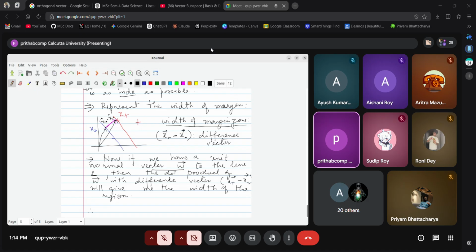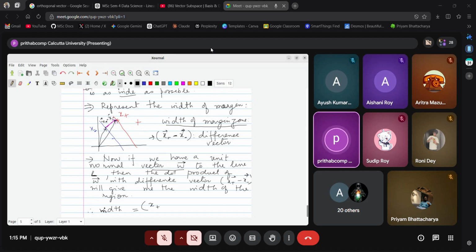So we can say width is actually a scalar parameter, right? Here when we define the margin, this is the margin vector, right? So the width now will really become, okay, this dot product of the difference vector with the unit normal vector.